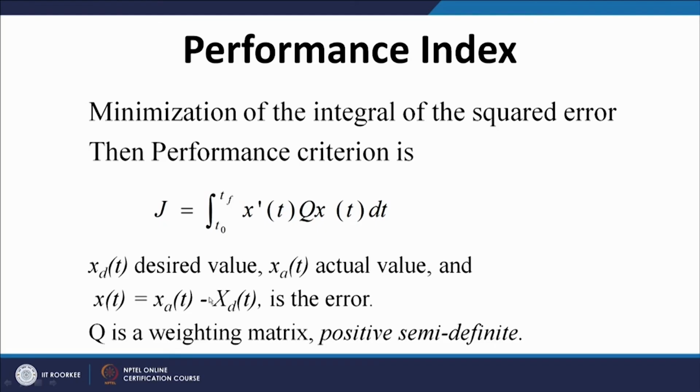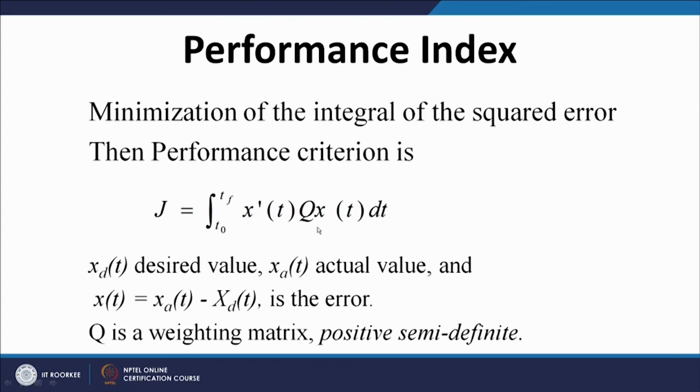So, in case r is 0, then this represents my state, but if I take a set point, then this x represents my error. So, we are taking for a linear system this as x prime Q x. So, x in this case is representing nothing but my error, Q is the weighting matrix.